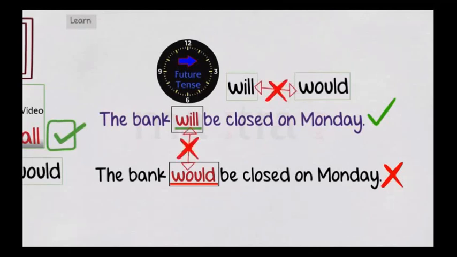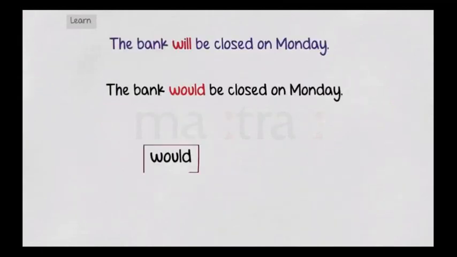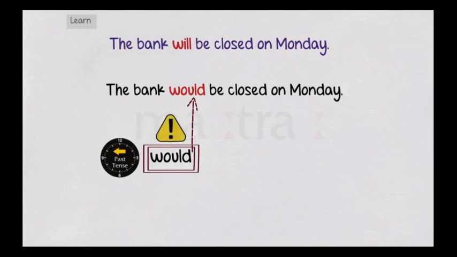What people don't realize is that they are actually changing the meaning of the sentence completely by using would in the future tense. Would is used to talk about something in the past. But the thing is that it can also be used for the future tense.